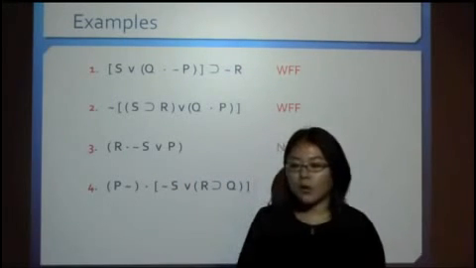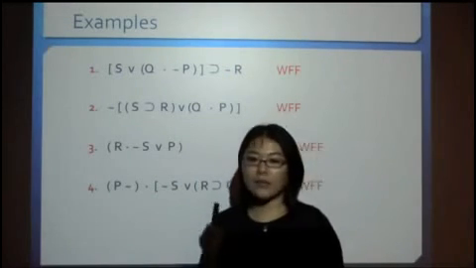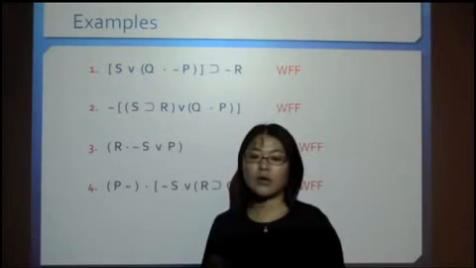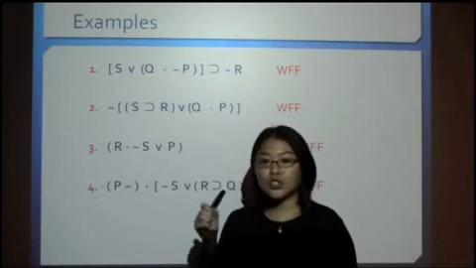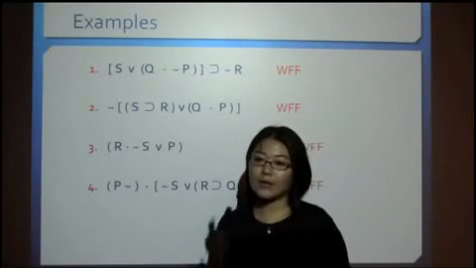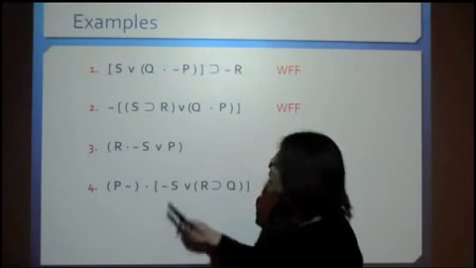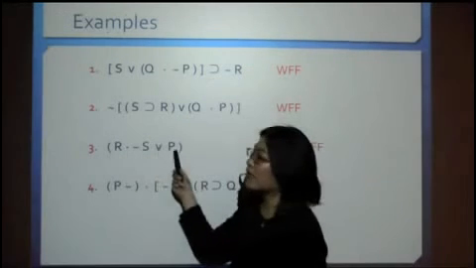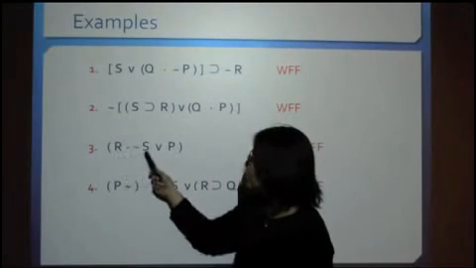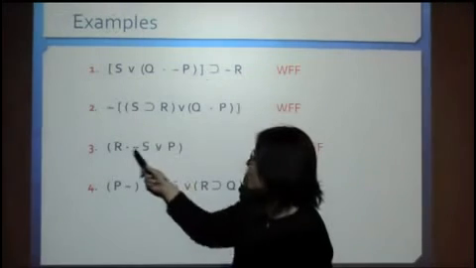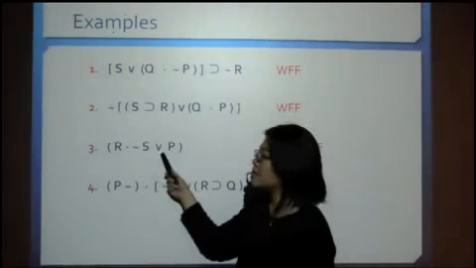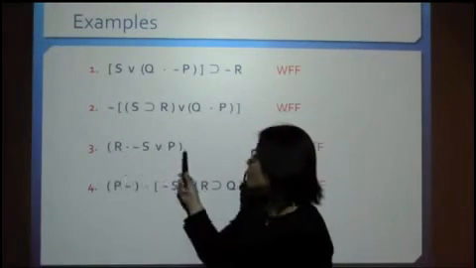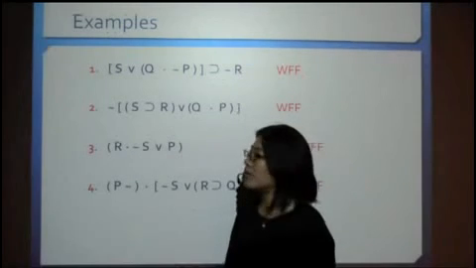Remember, the only things that you can have inside of parentheses or brackets or braces are two statements and one connective, okay? Notice here, inside these two parentheses, okay, you have 1, 2, 3 statements and 2 connectives, okay? So these parentheses are not used correctly, okay?